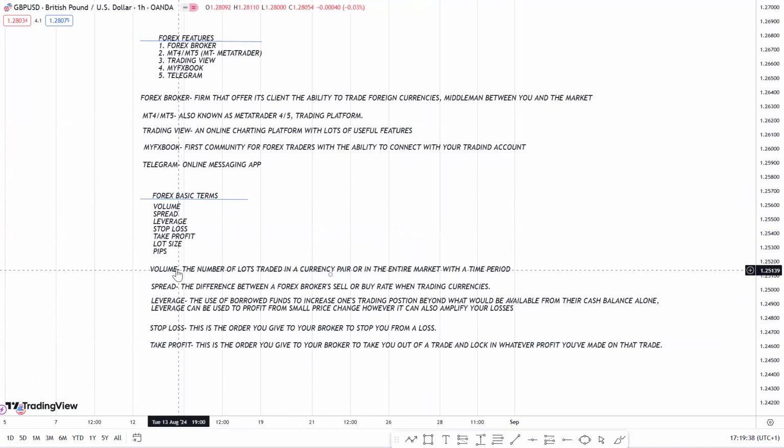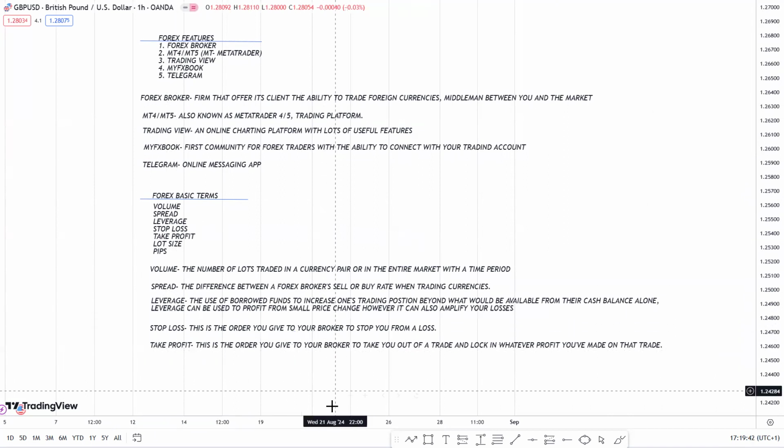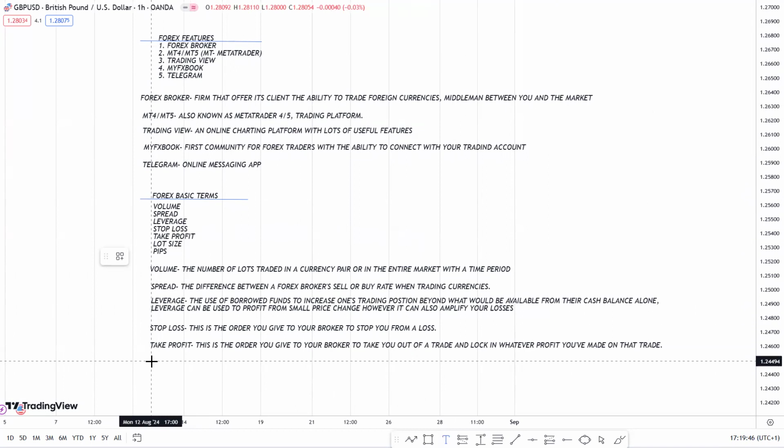So we dealt with leverage, spread, volume, stop loss, take profit. The next one we have on the list is lot size. Now this lot size is crucial because when you're about to place a trade, you have to know how much money you're willing to risk on that trade.